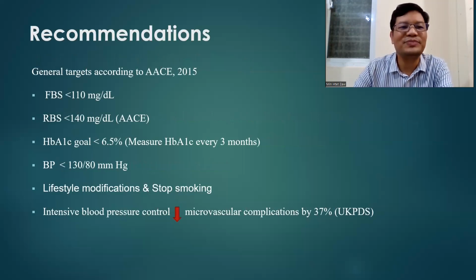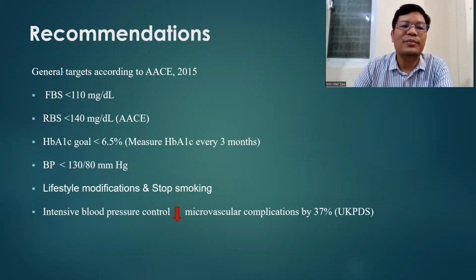The more the merrier. These are the glycemic and blood pressure control targets for diabetes patients, according to AACE, the American Association of Clinical Endocrinologists, published in the 2015 guidelines. Actually, the glycemic and blood pressure targets for diabetes patients vary depending on the duration and severity of diabetes, and also with comorbidities, other diseases you may have, and also according to lifestyle and age and so on.